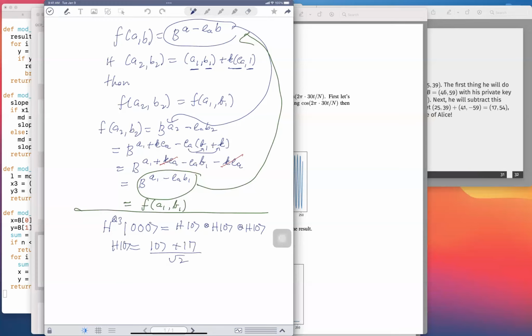If you substitute the value, you will end up with this expression.